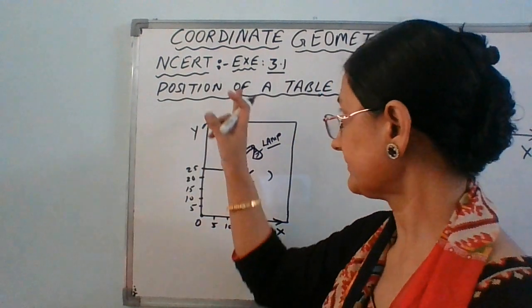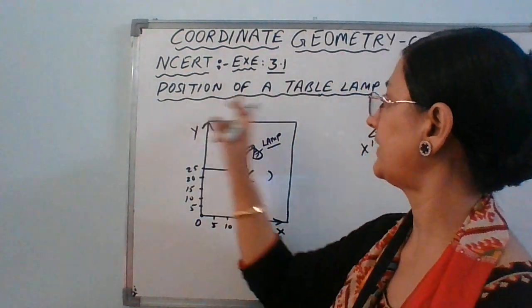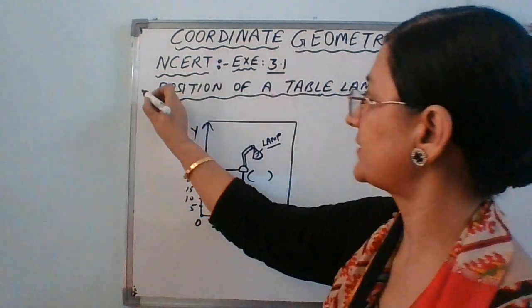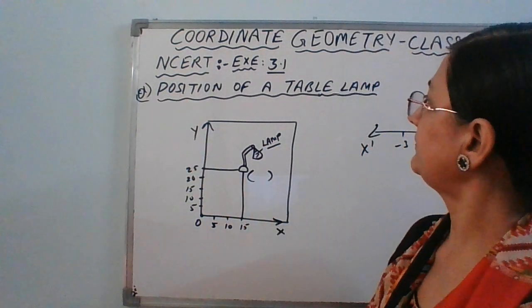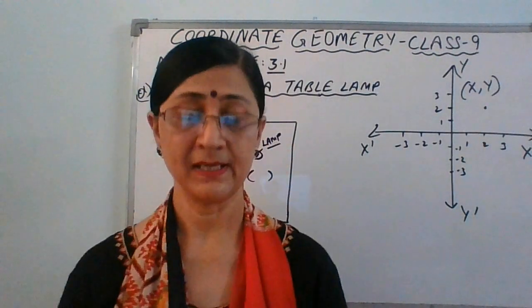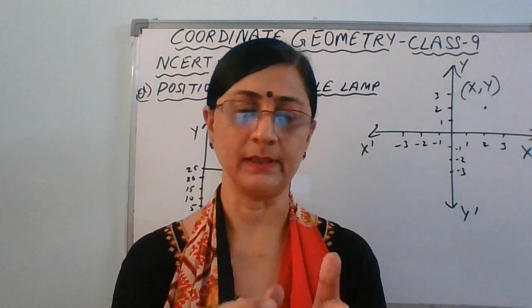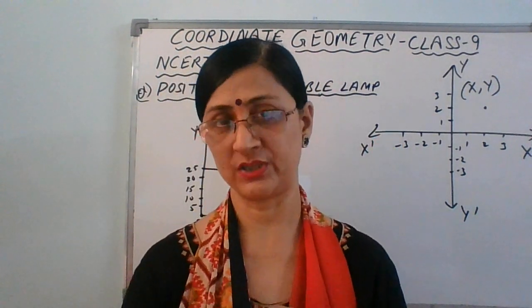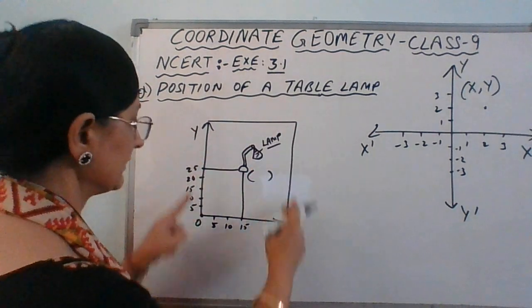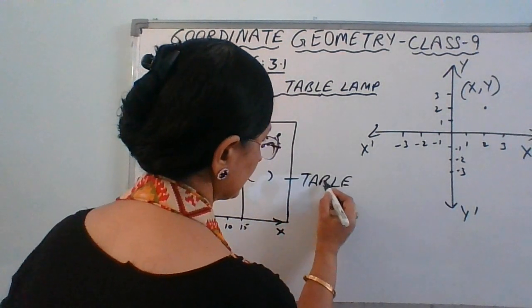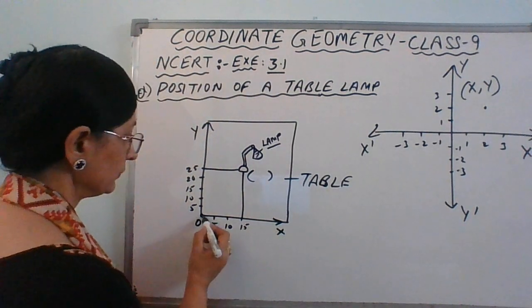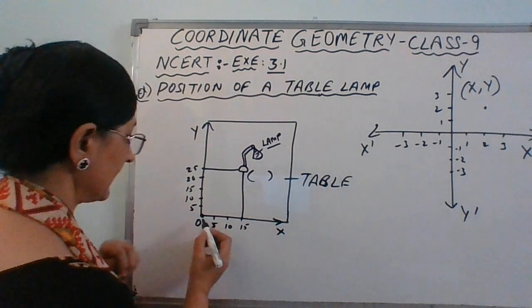Now here in NCERT exercise 3.1, question number 1 is, we have to tell how we can find out the position of a table lamp. A table lamp is kept on the table, and how can we find its position, right? For that, we have this table. What you'll do, you'll take one corner of the table as origin.